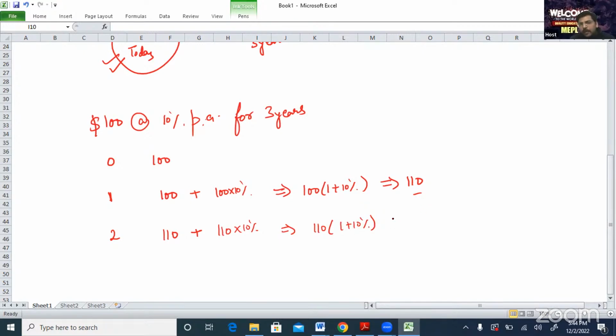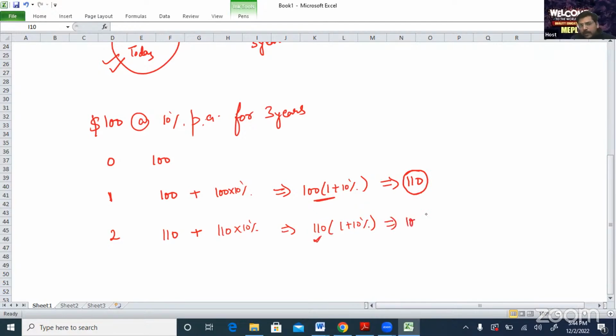Now logically think, instead of this 110, can I write this? Yes, instead of this 110, I can write this.